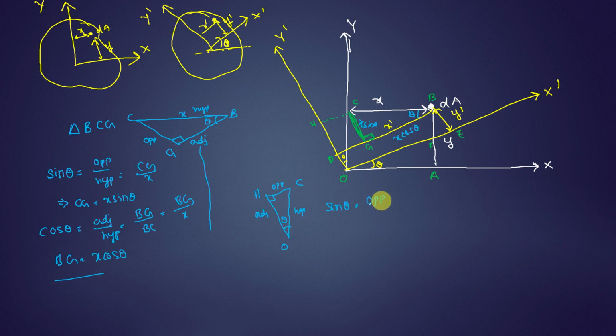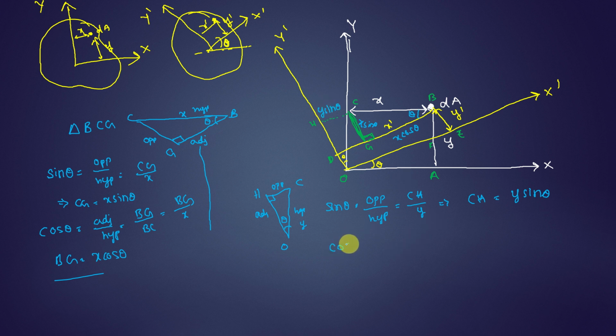Opposite side by hypotenuse. What is the opposite side? CH by hypotenuse, which is OC. This OC is nothing but small y. So CH by y, that is CH is equal to y sine theta. So we got the CH value as y sine theta.